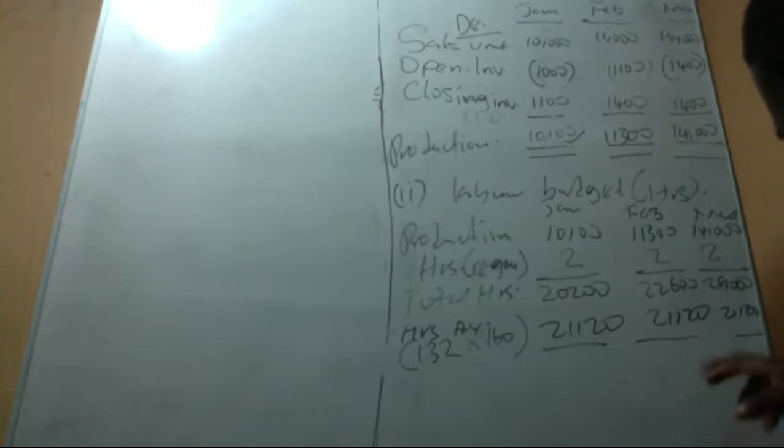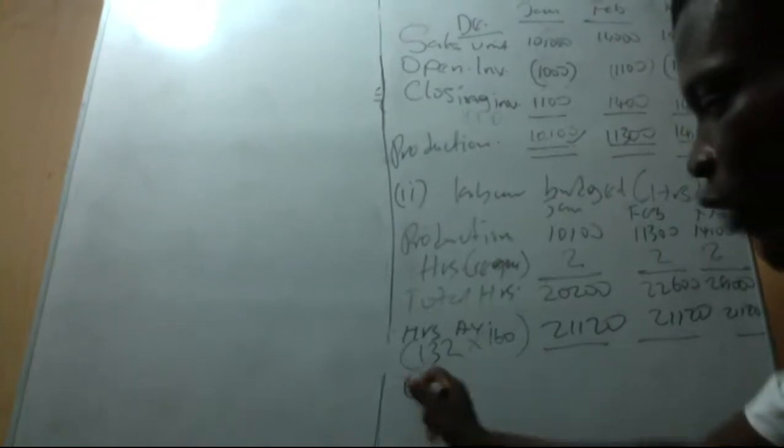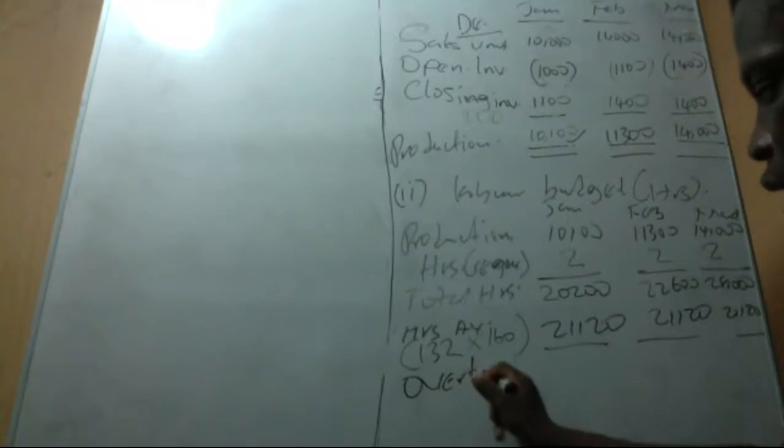So we need it in February and March. So let's write overtime hours here. Your overtime hours for January will be dashed because we have more than what we need.